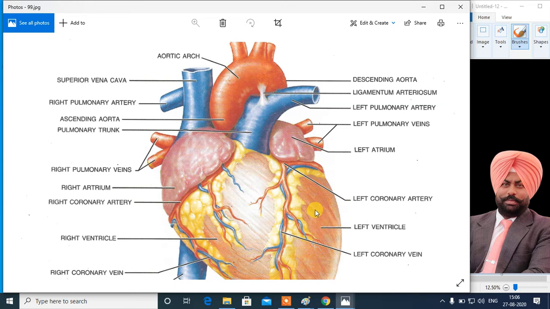This blood vessel is coming from the right ventricle and it is emerging out from within the heart. And this red colored aorta is coming from the left ventricle and it is supplying the blood to all parts of the body.